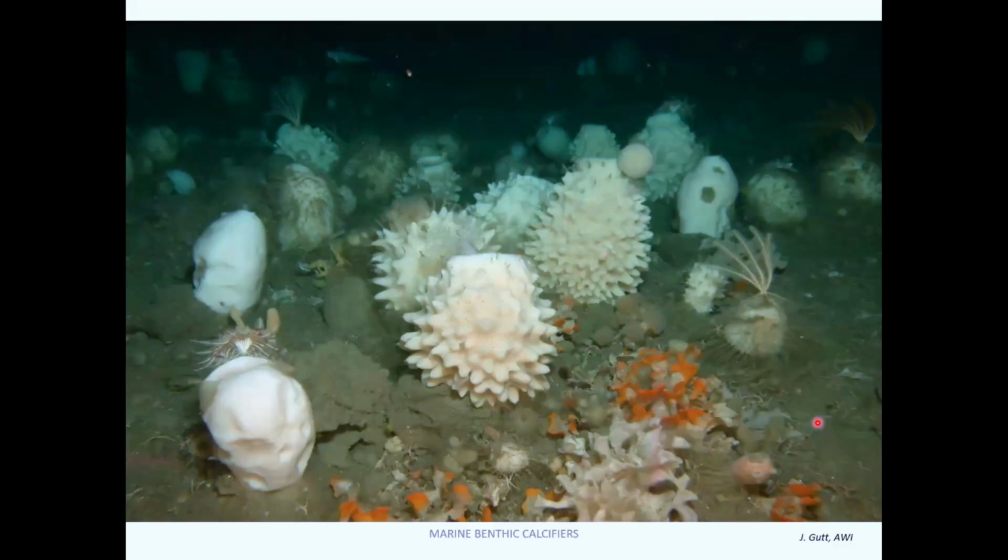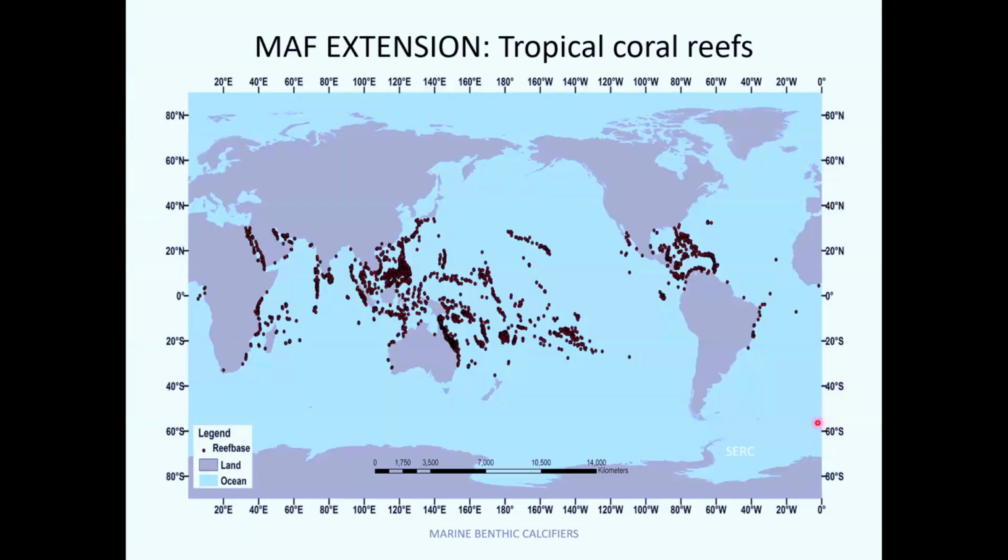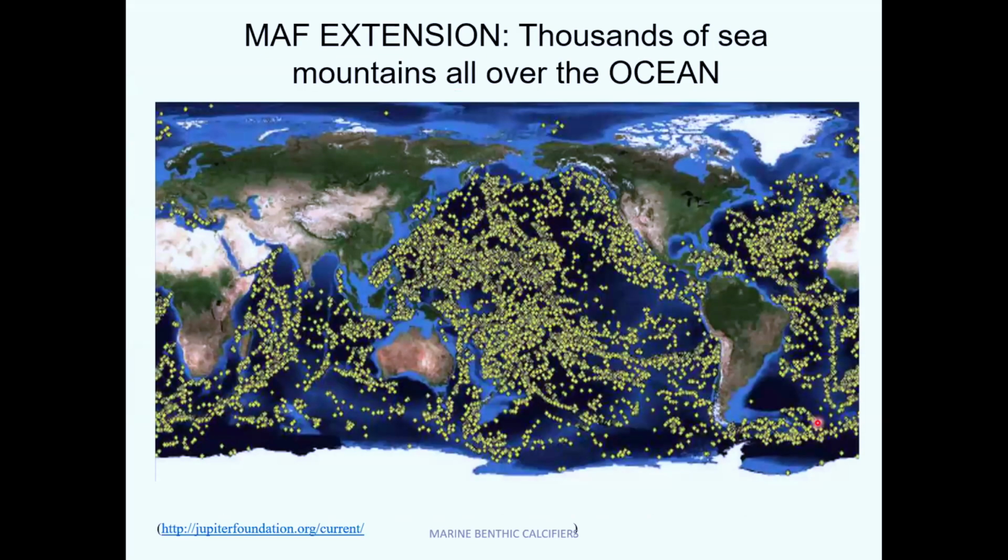So many of these marine animal forests are spread all over the world. And look here, for example, a coral reef: how much carbon may be stocked here for long periods. And even more, if you think about the organisms living on the seamounts. We have to understand that the carbon there is largely stocked.